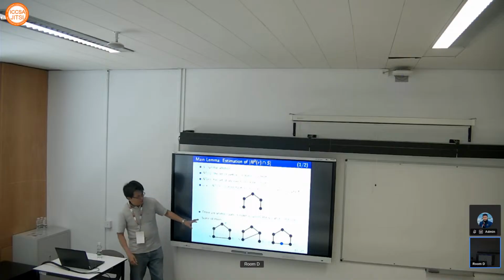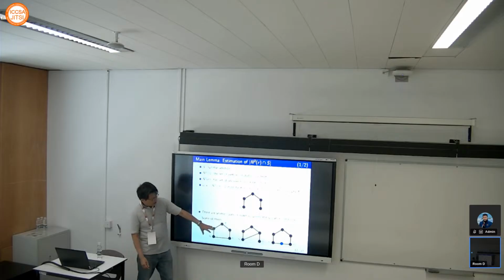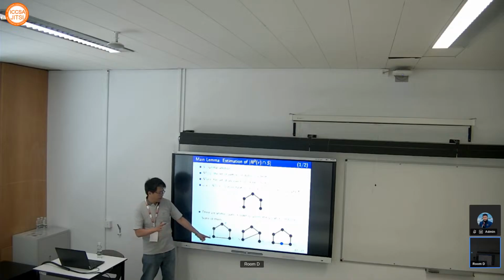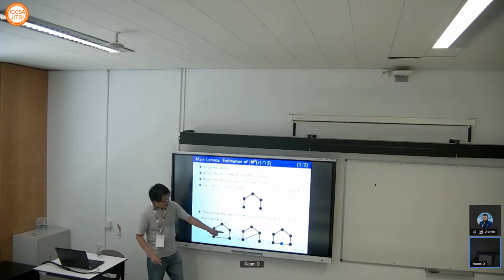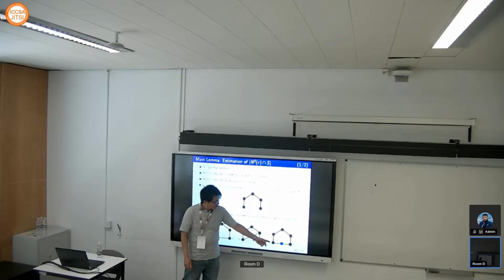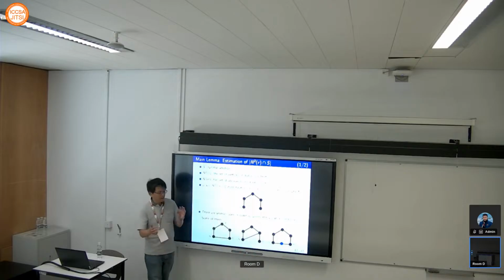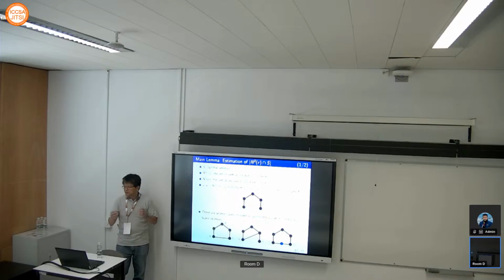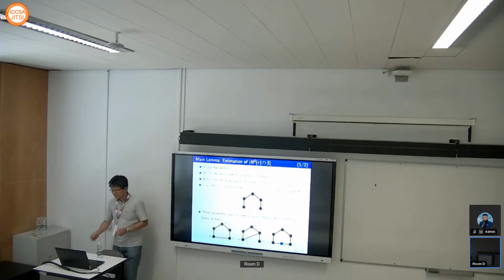There are many cases to enumerate, but here I showed 3 representative cases. If we have an edge between U and V, it makes the distance 1, so it's good. Or if we have this edge, it makes the distance 2, so this is also good. Or this is the most complicated case, but there is a path of length 2 between U and V. So there are some cases to satisfy the distance condition.